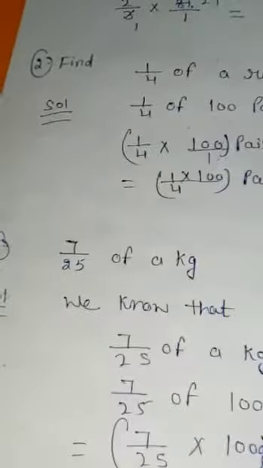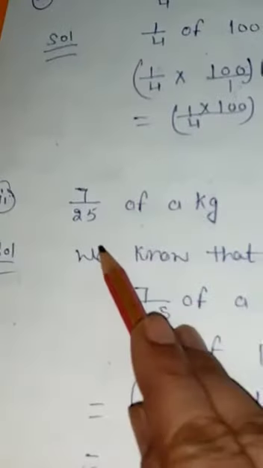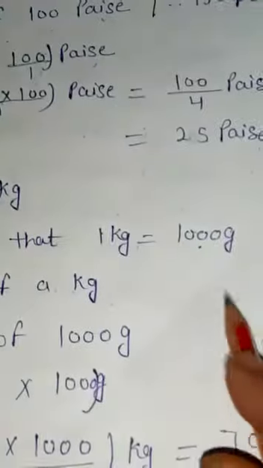The next example is 7 by 25 of a kilogram. We know that 1 kilogram is equal to 1000 gram.